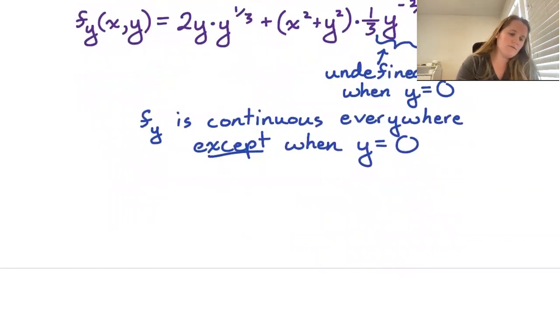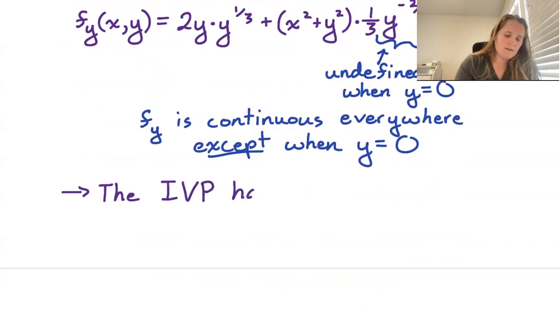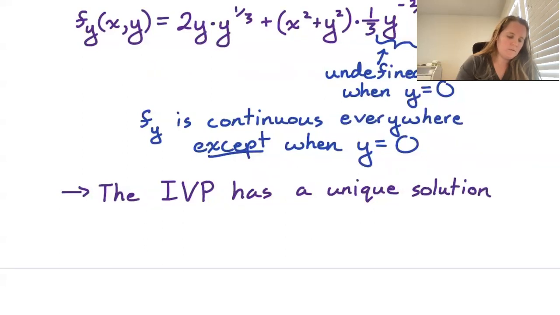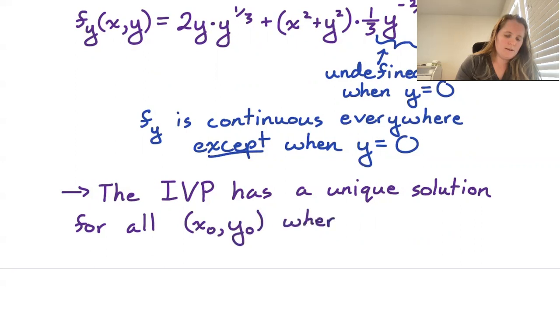And so we get that for our final solution, the IVP has a unique solution for all x naught, y naught, where y naught is not equal to 0.